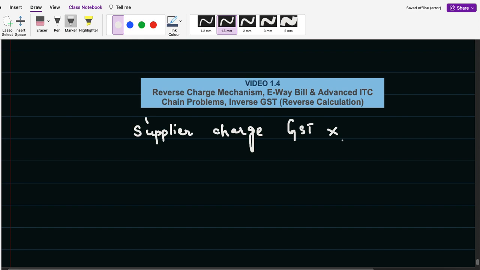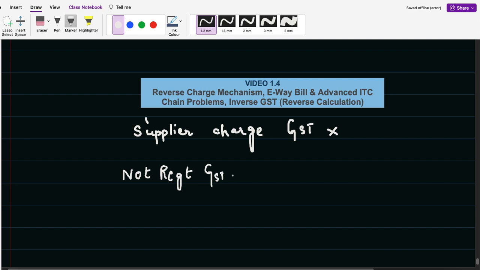Why does it happen? Why are they not charging GST? This is the question, right? There are some scenarios. For example, the supplier is not registered under GST. That is a possibility. If he or she is not registered, then how to collect it?